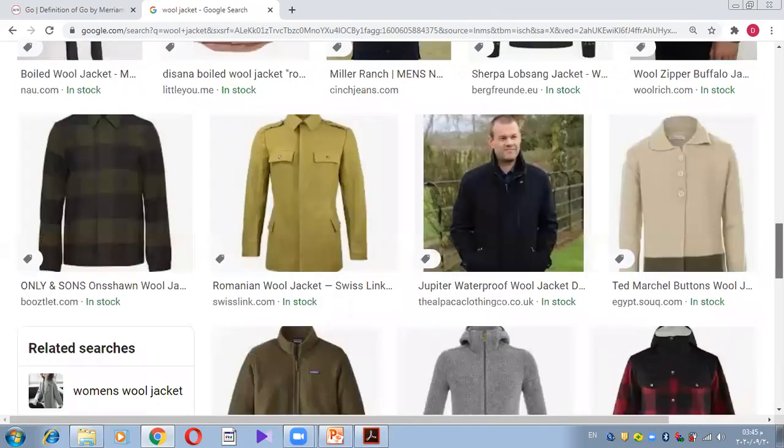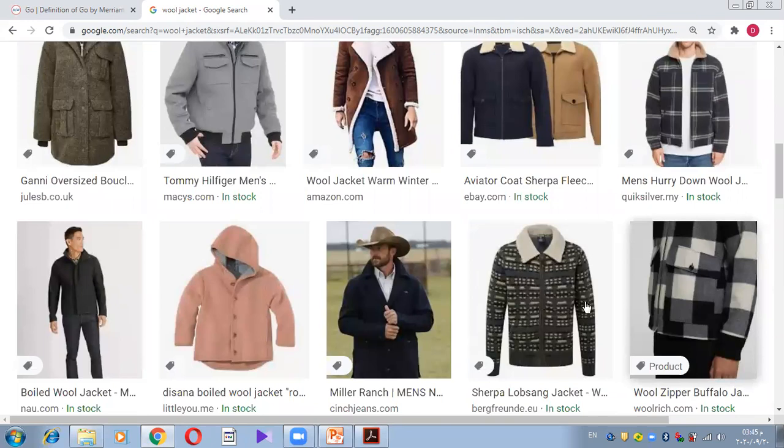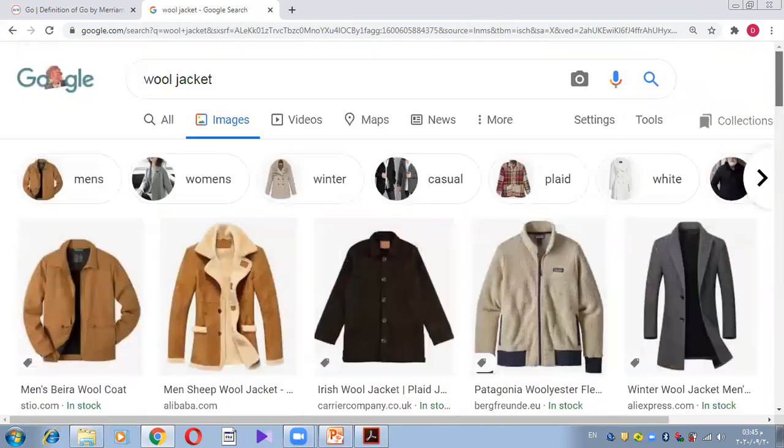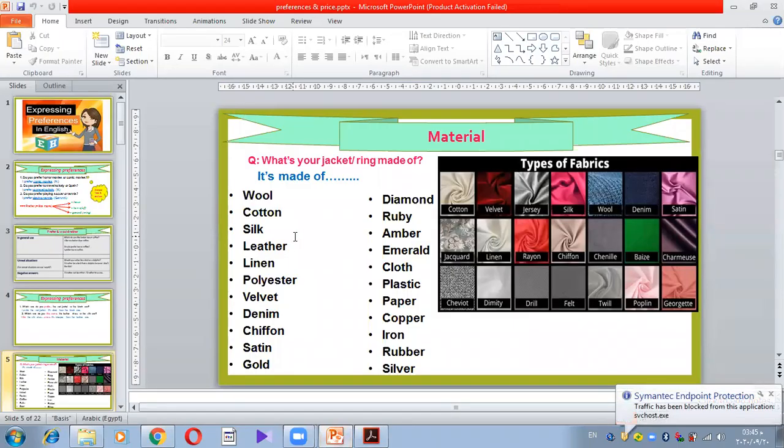To make it easier for you, just remember just like this or like this. So wool jacket or wool shirt or wool pants, whatever. That's the material or the fabric. It's type of the fabric.